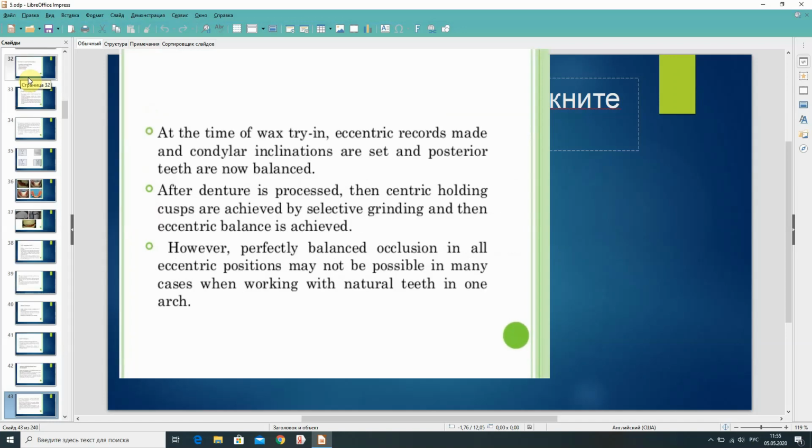At the time of wax try-in, eccentric records are made and condylar inclinations are set, and posterior teeth are now balanced. After the denture is processed, the centric holding cusps are achieved by selective grinding and then centric balance is achieved. However, perfectly balanced occlusion in all eccentric positions may not be possible in many cases when working with natural teeth in one arch.